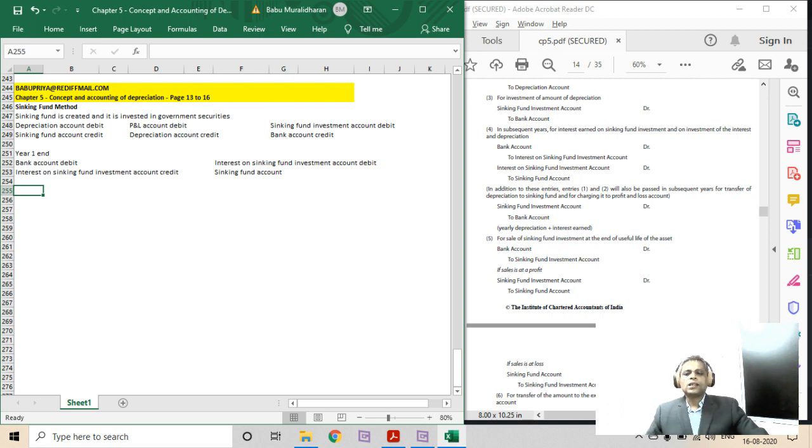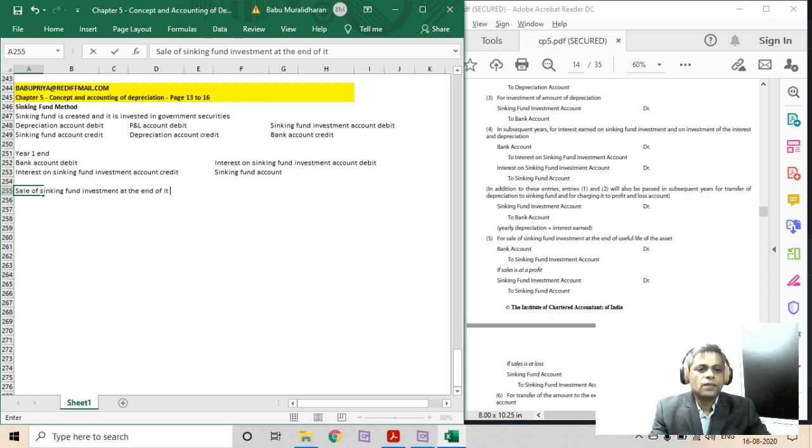When the sinking fund investment is sold at the end of its useful life, bank account debit, and credit to sinking fund investment account.